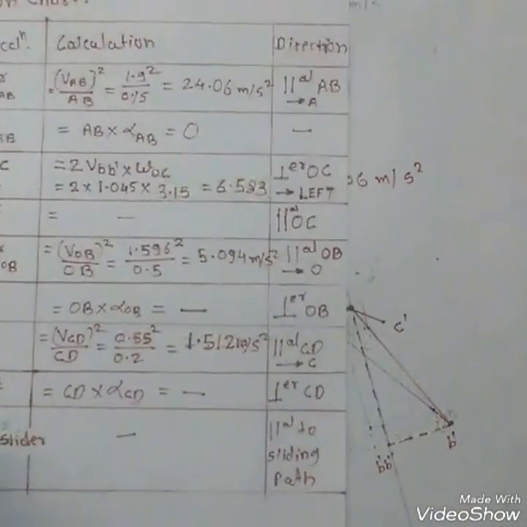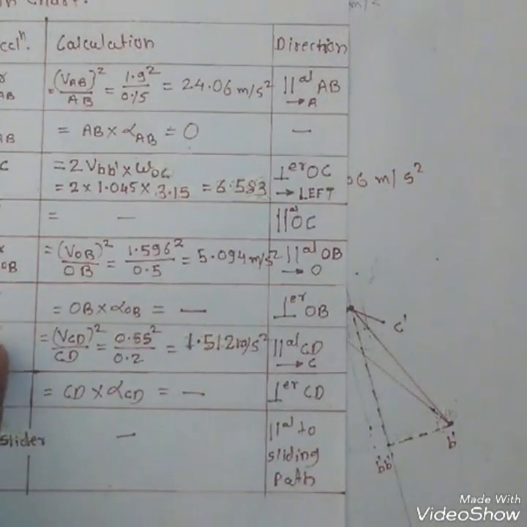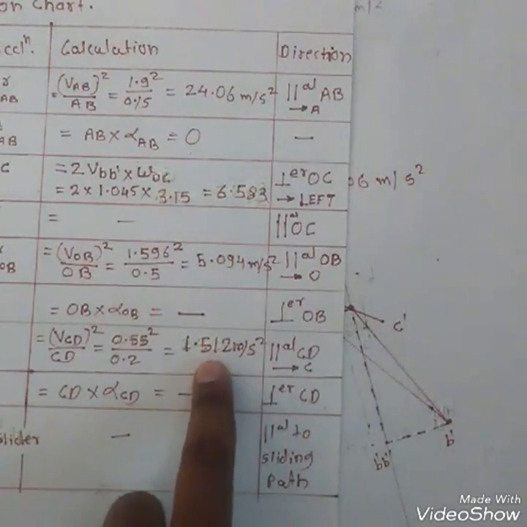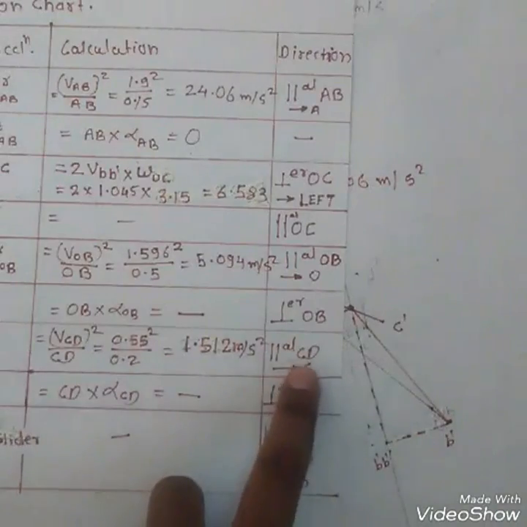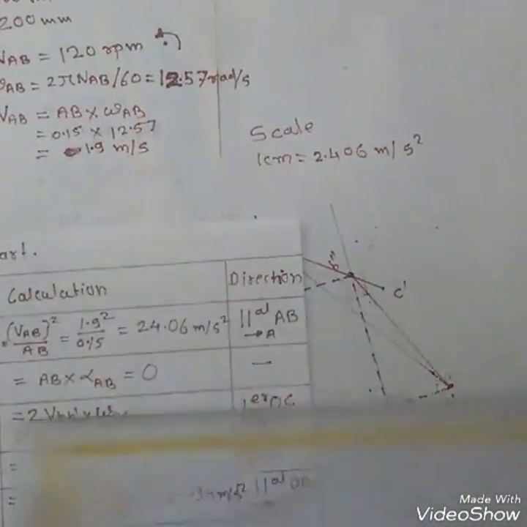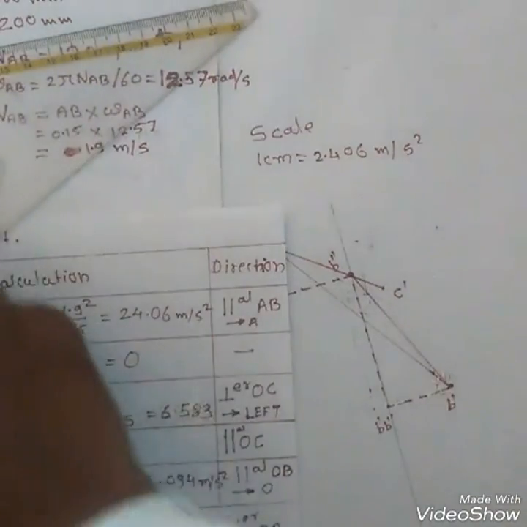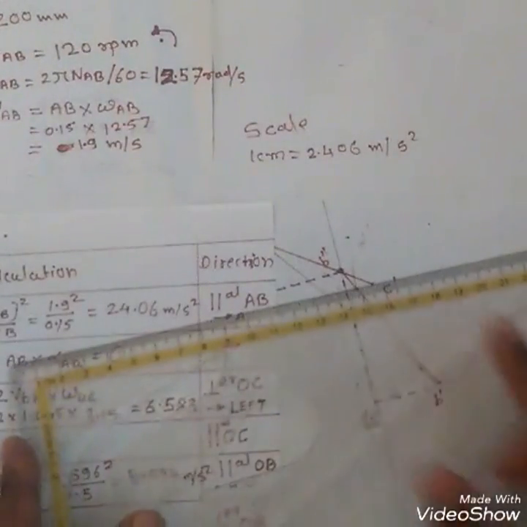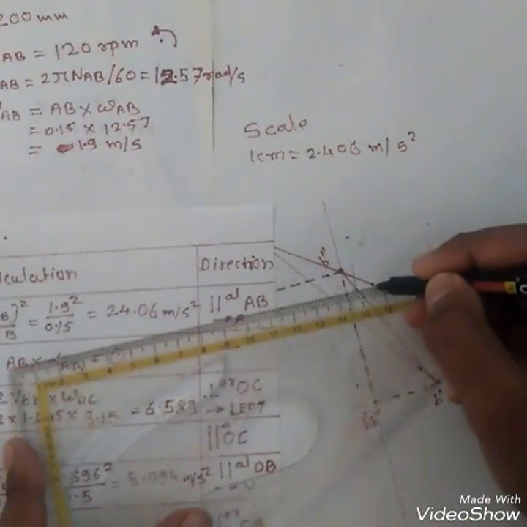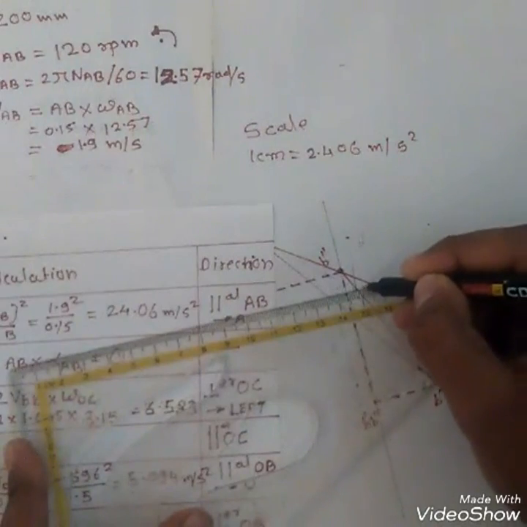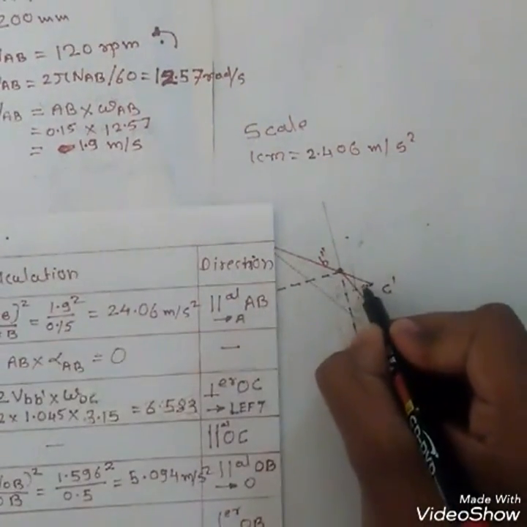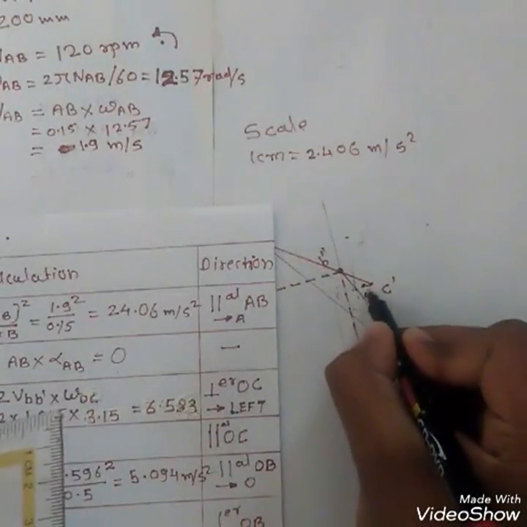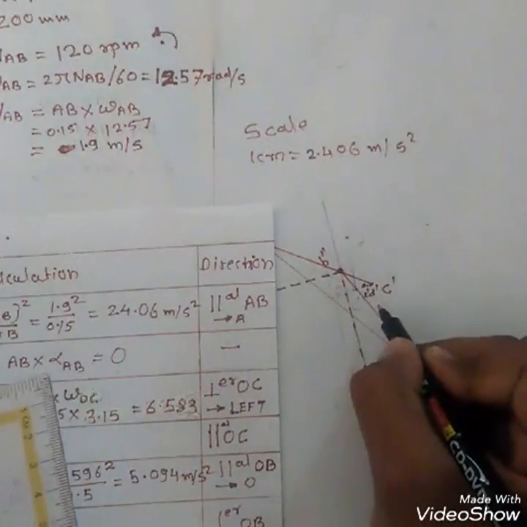After C dash, link CD. For link CD, you have to draw two components, radial and tangential. The radial one is 1.512, which you can convert with the scale, and it is parallel to CD and towards C. Therefore draw a vector parallel to CD and towards C, like this, in this direction. This point will be C dash D dash.